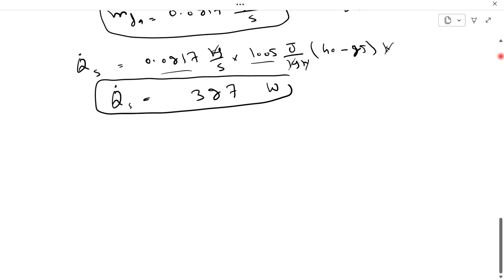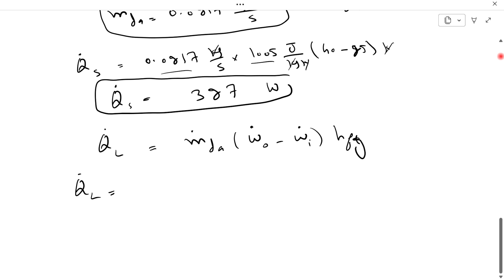Now Q latent for infiltration is equal to m dot dA multiplied by specific humidity outside minus specific humidity inside, multiplied by latent heat of vaporization, which is given to us in the given data. So Q dot L is equal to m dot dA, which is 0.0217 kilogram per second.